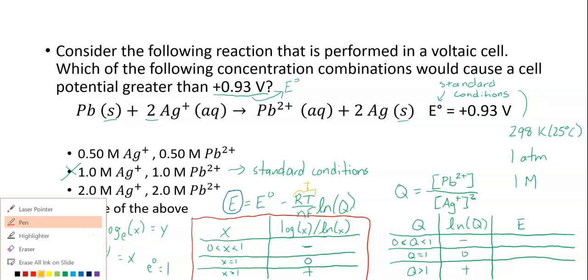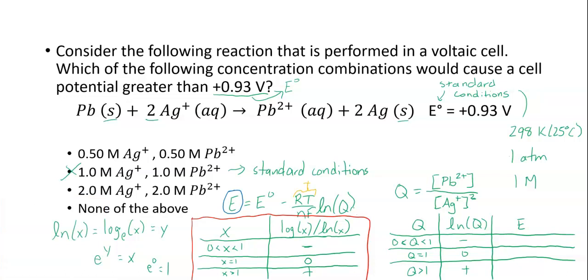So if the ln of Q is negative, then our cell potential is going to be the standard cell potential minus a negative number. Okay? Because the ln of Q is negative. And so minus a negative number is like adding, so our cell potential is going to be greater than the standard cell potential.